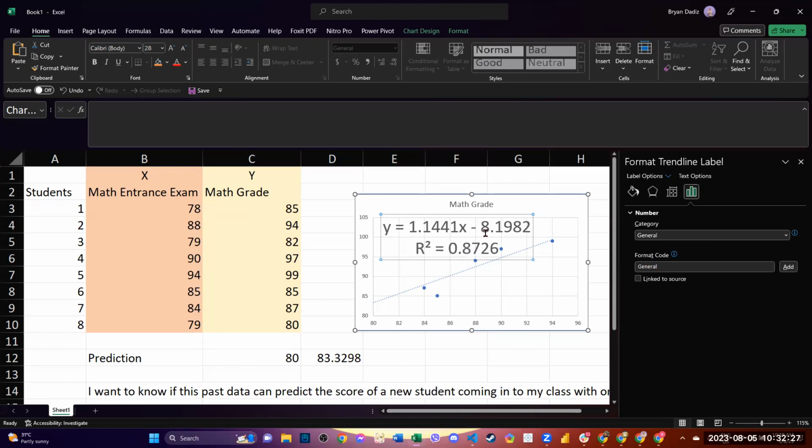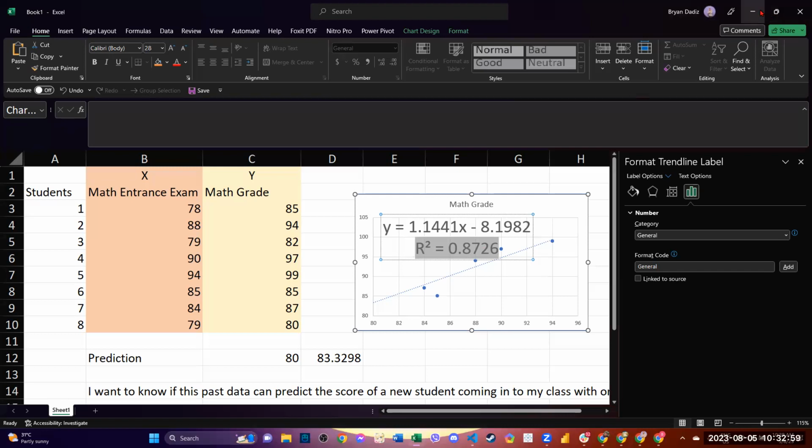Ito yung importante sa model building natin, yung R squared, because the R squared is our accuracy. That is the level of accuracy in our model. But in some cases, yung accuracy natin hindi laging 87%. May mga panahon na mababa siya.